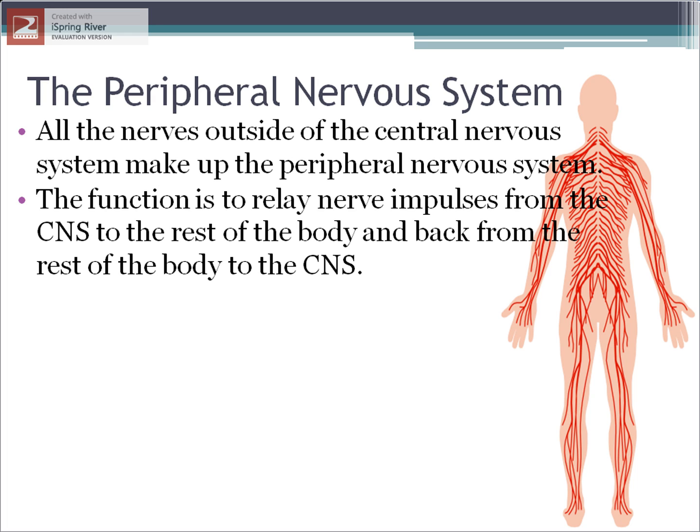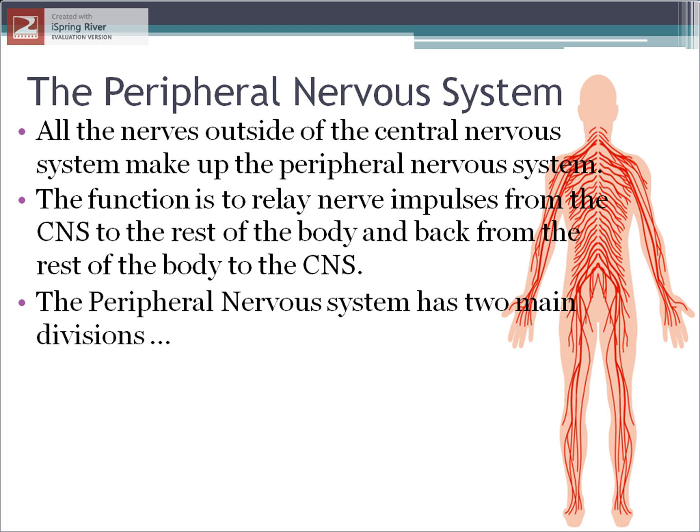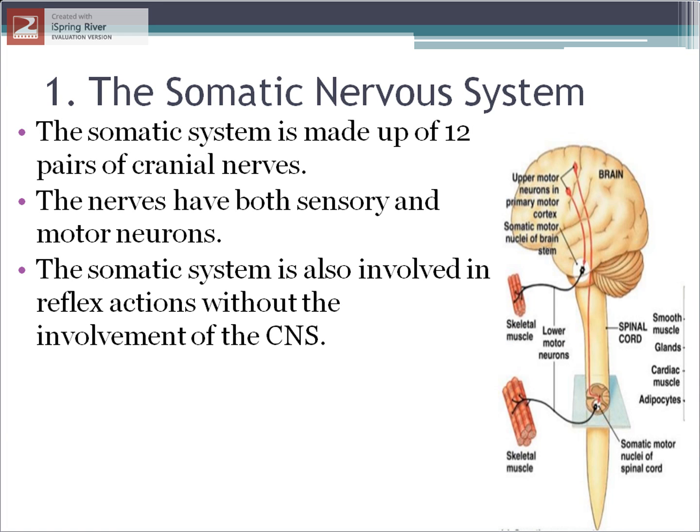There are two main divisions of the peripheral nervous system, the somatic nervous system and the autonomic. The somatic nervous system is made up of 12 pairs of cranial nerves. These are nerves that emerge directly from the underside of the brain, and 31 pairs of spinal nerves that emerge from the spinal cord.